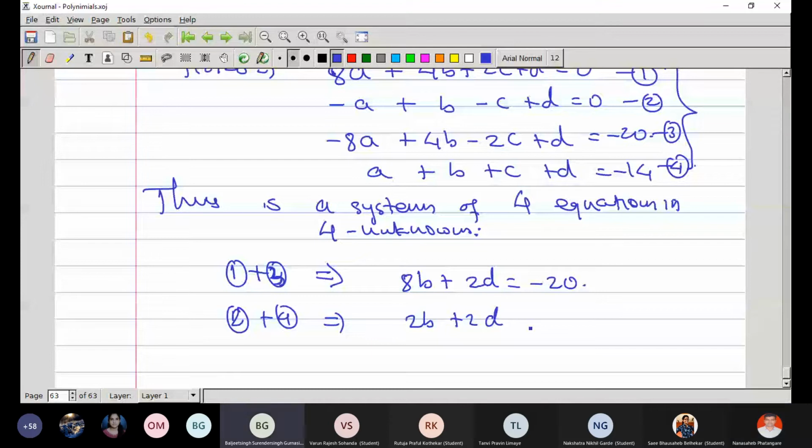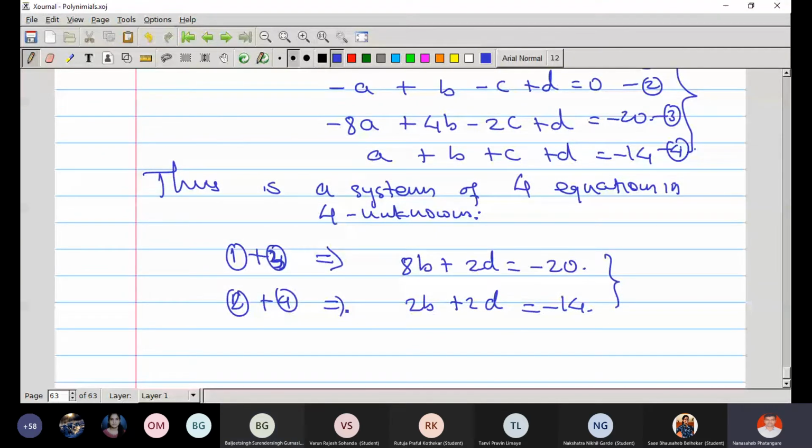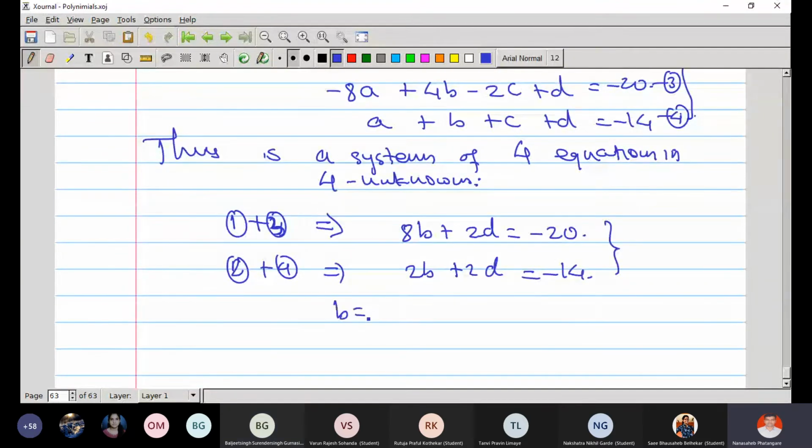B is minus 1 and D is minus 6. Very good. So immediately you get the values of b and d. Once you get the values of b and d, substitute in any of the equations and calculate the values of a and c.